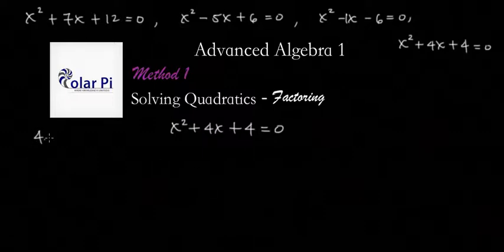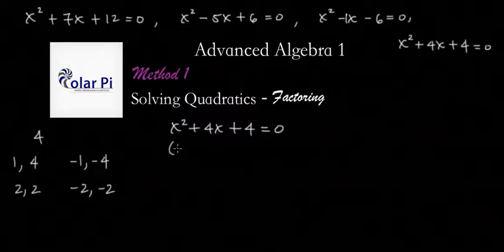Take 4, the constant term, and figure out all the numbers that multiply to it: 1 and 4, -1 and -4, 2 and 2, and -2 and -2. Pick the pair that adds to the middle term. That's clearly 2 and 2. So we go x plus 2 times x plus 2 equals 0. This time we only have one answer. It's a repeated root. x equals -2. Yeah? Okay, cool. There we are.